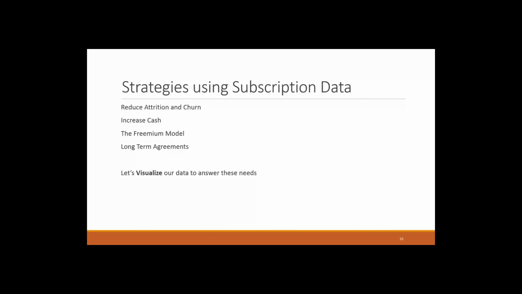We can increase our cash. We can see what we can do from a finance perspective to offset our expenses for our infrastructure if we need to scale up. Freemium subscriptions are a very popular way to get people to use your service and look at the good that it's doing. And long-term agreements, maybe you've got a 1 year to 3 year type of subscription, and you want to look at the effectiveness of each one.